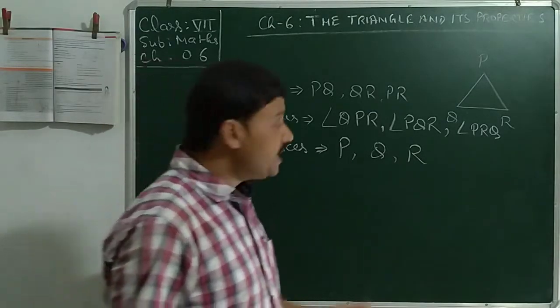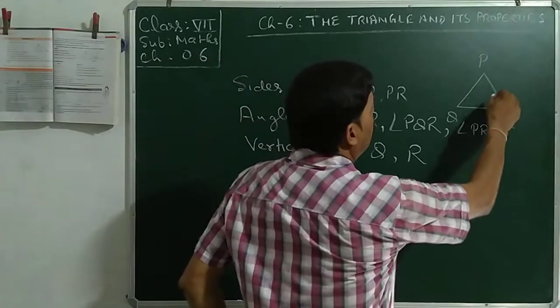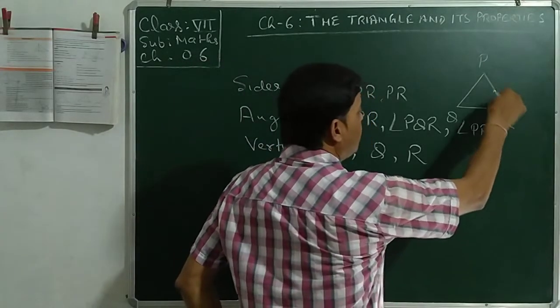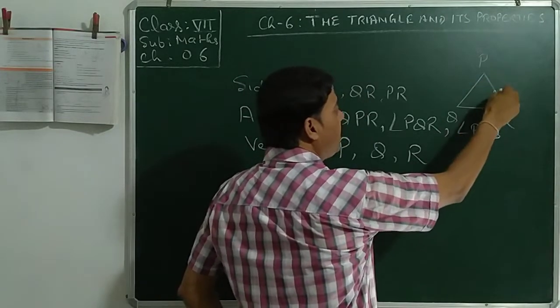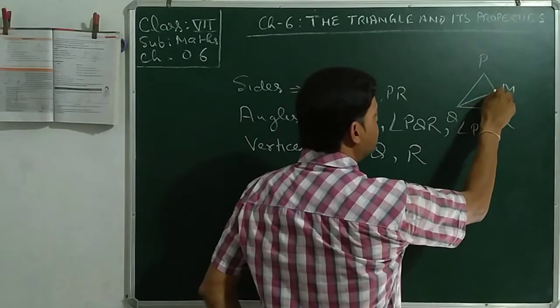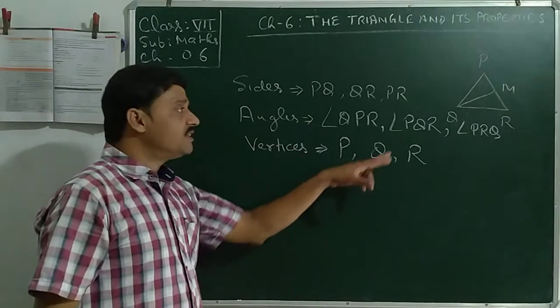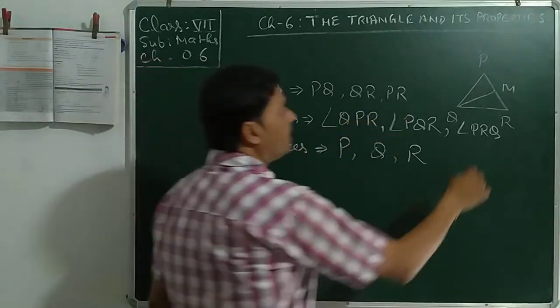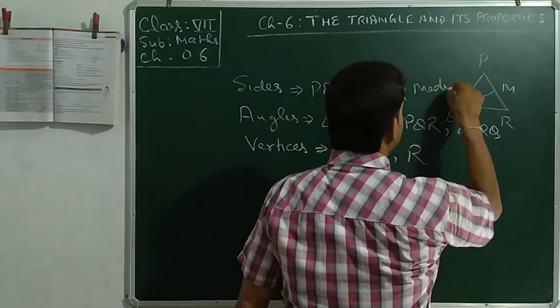Now, in this triangle, if you take the midpoint of any of the sides, say I have taken the midpoint M of PR, and if we draw one line segment from the opposite vertex, then you will get the median of the triangle.